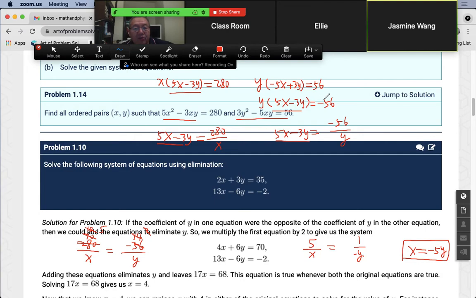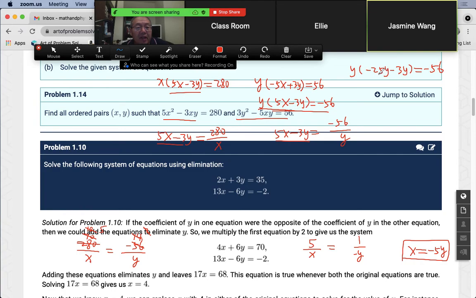Now let's plug in here. Because we already took y out, you can start from here. You get y times parentheses negative 25y minus 3y equals negative 56.